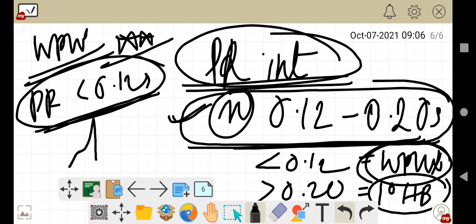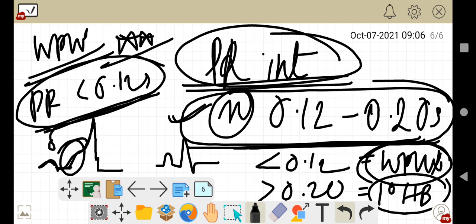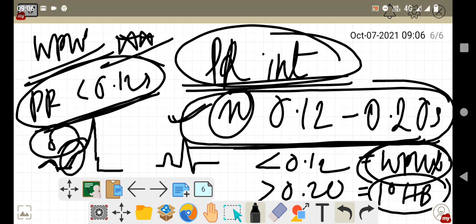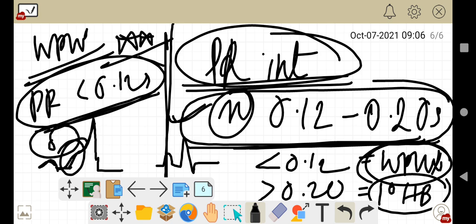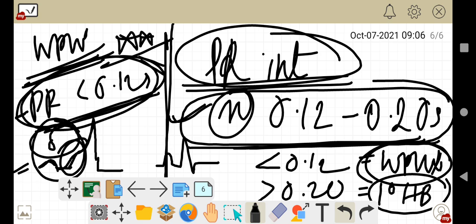Normally this was our graph, right, but here you will find something like this. This one is the delta wave, which we find in WPW syndrome, correct? So the first thing in WPW syndrome is the PR interval less than 0.12 second. Next thing is the delta wave, very important.